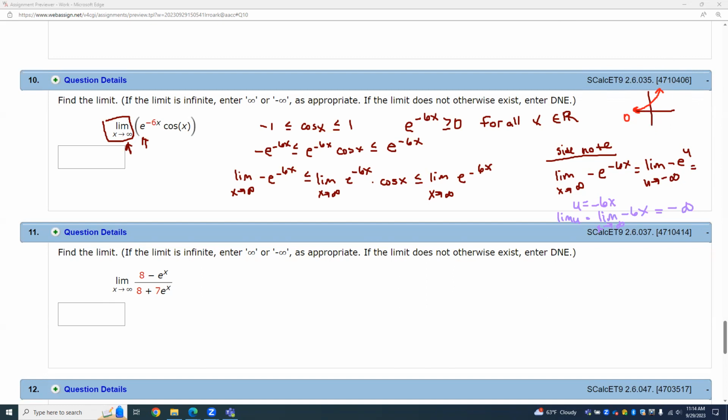So for this particular problem, using u substitution and focusing on where the exponent is going, the exponent's going to negative infinity. So I can say, what's the limit as u goes to negative infinity of negative e to the u? And that is just going to 0. This section is particularly challenging because of how much you have to show.